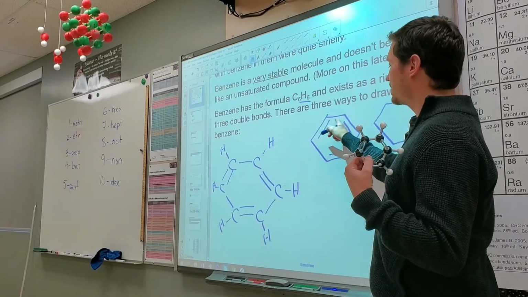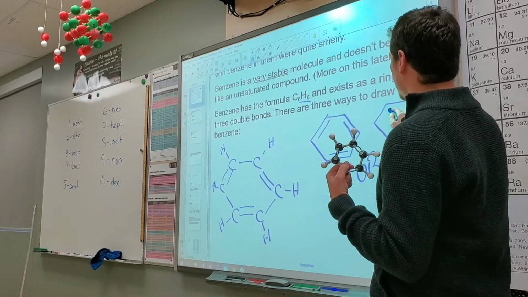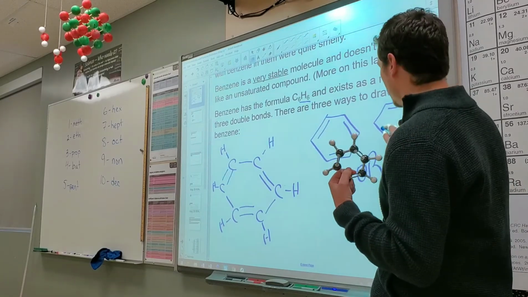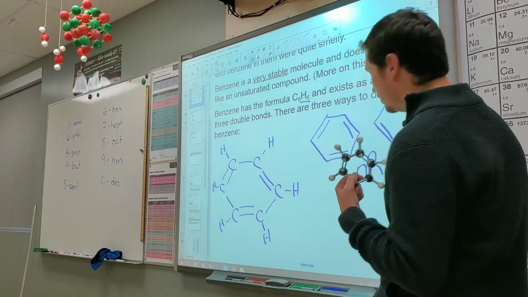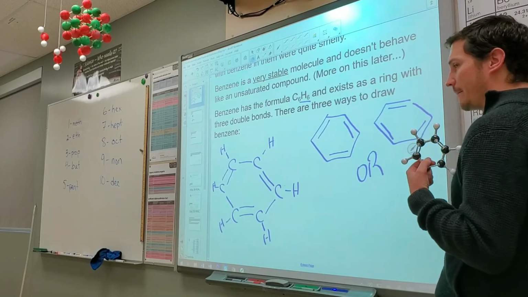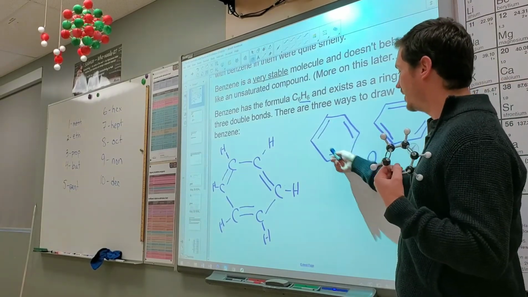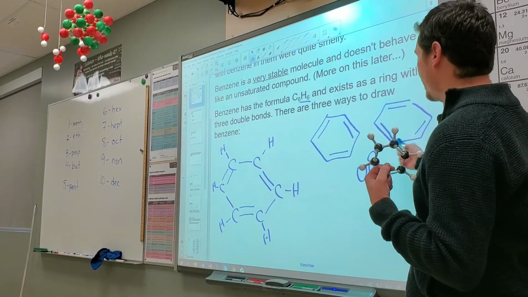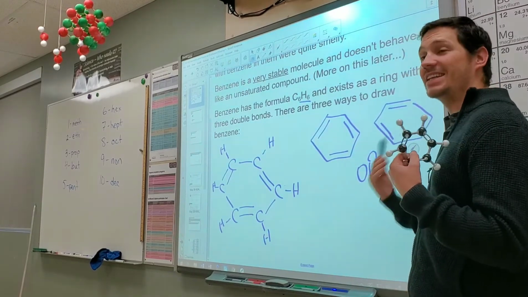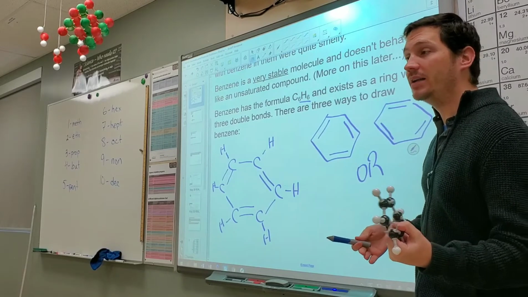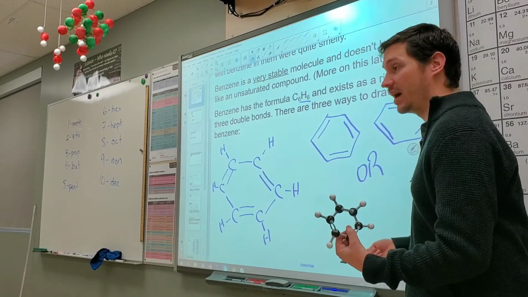Some of the time this behaves like a single bond, some of the time it behaves like a double bond. Do you kind of see where I'm going with this? So there's no way to distinguish between this combination of double bonds and this combination of double bonds. It's kind of half double bond and half single bond all the time.